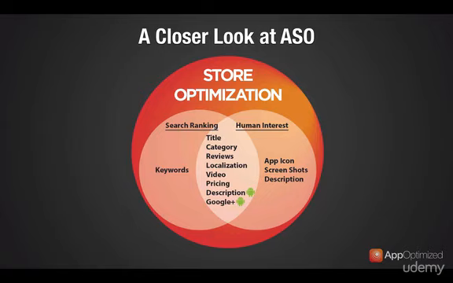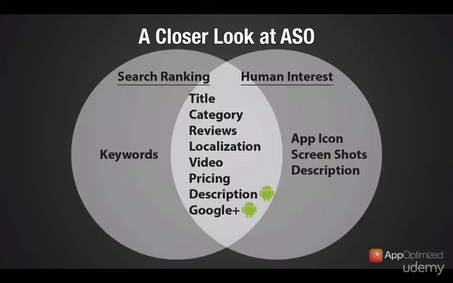We have two goals: to rank well for visibility, and to entice people to look at our app and download it. Those are our two goals, to rank high as well as entice humans to see our app and download it. Here's a close-up of how it looks.